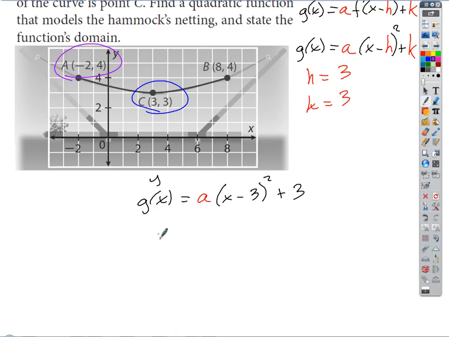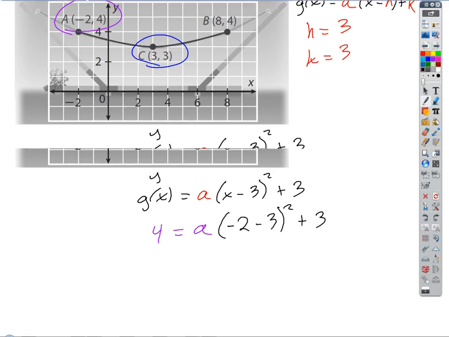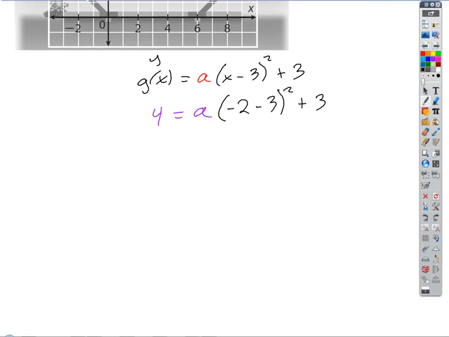I'm starting off with y, which is 4, equals a, which we're solving for, times, what's my x value? -2 minus 3 squared plus 3, right? So now all I have to do is solve for my one unknown, which is a, right? Everybody get that? Okay, so isn't that easier?